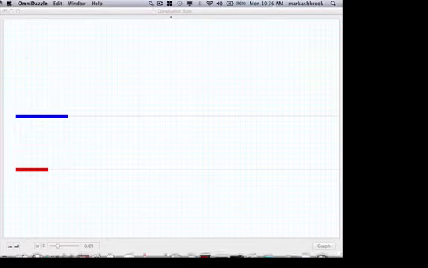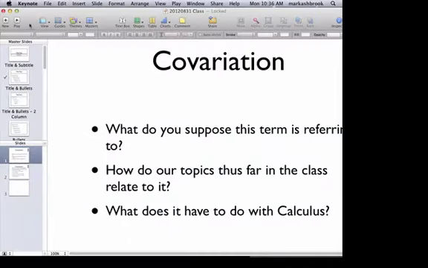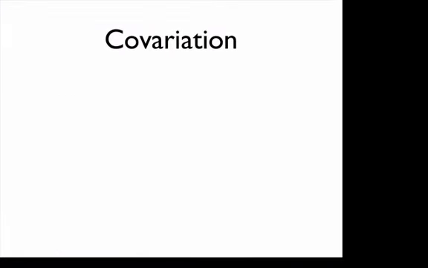So let's do a little big picture discussion here. Here's this term covariation. If you type covariation into Microsoft Word, you'll get a red line underneath it. It's not a real word, but it's a term that we have invented and use.